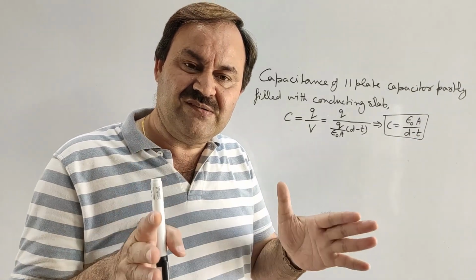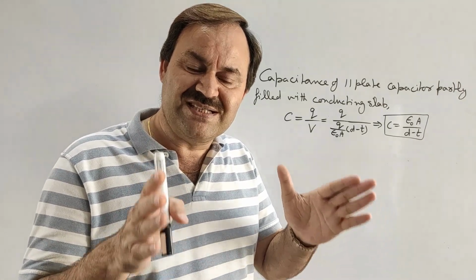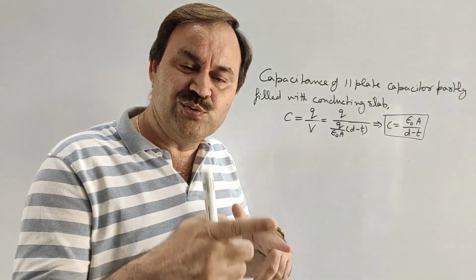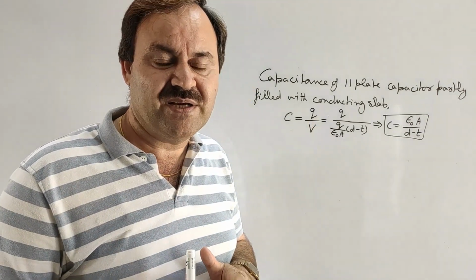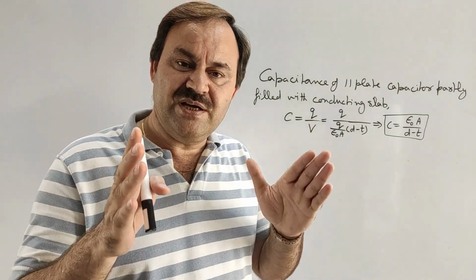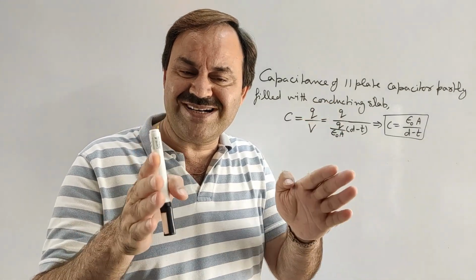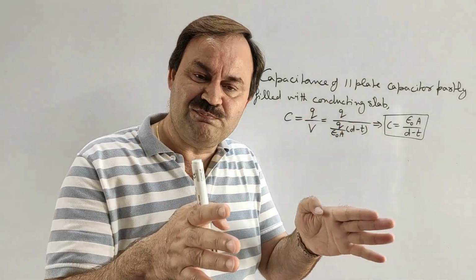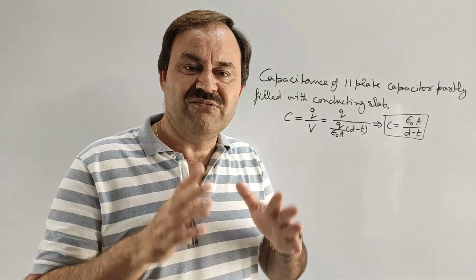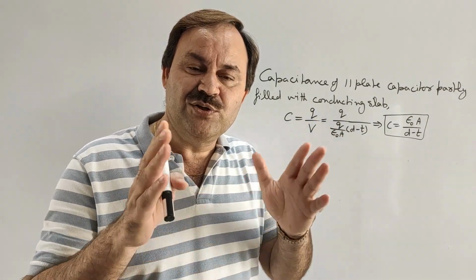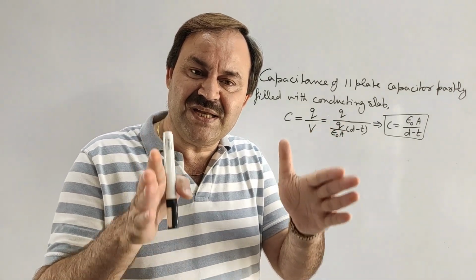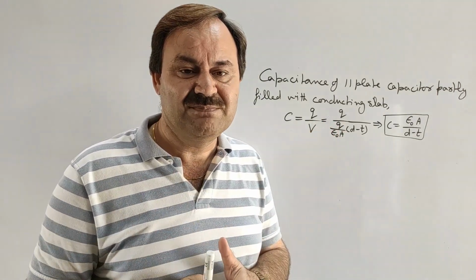As the effective separation decreases from d to d minus t, the capacitance of the capacitor increases. Thus, introduction of a conducting slab between the plates of a parallel plate capacitor will increase the capacitance due to the decrease in effective separation between the plates.